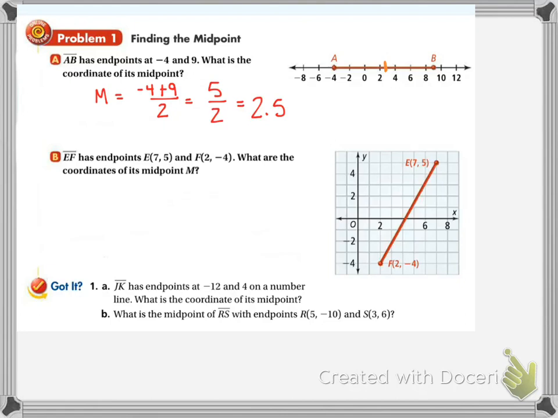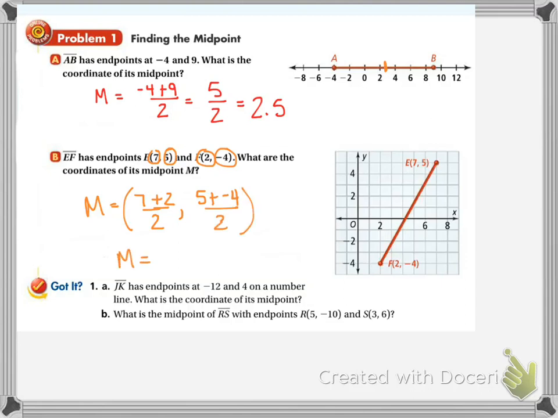Now when we start dealing with a diagonal line with x and y, to find the midpoint, we're going to take the two x values, so the 7 and the 2, add them together and divide by 2. And then we're going to do the two y values, which is 5 and -4, add them together, divided by 2.